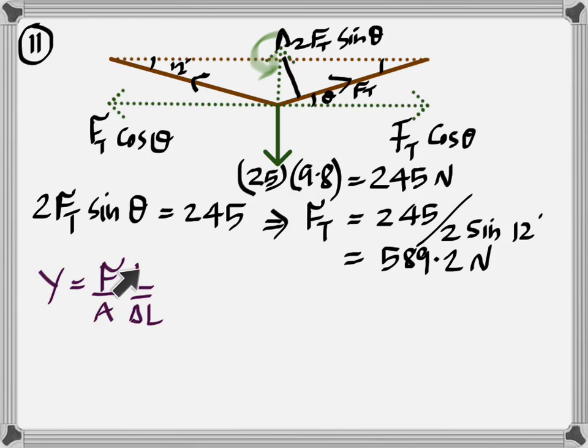How do you get this? For that, look at this figure carefully. You see that this point would have been exactly this if there was no stretching. A would have just gone to this point. So when you look at it carefully, you see that this is how much it has stretched.